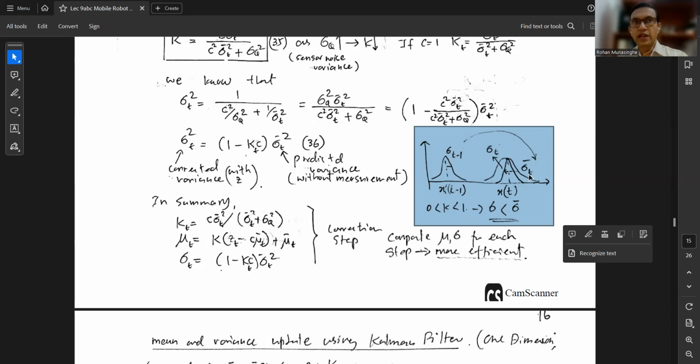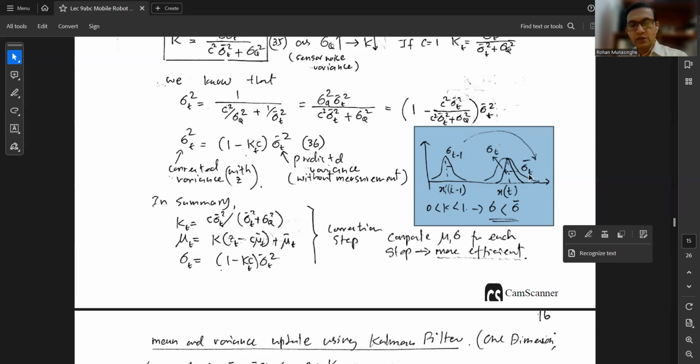And what you do after that is you use the measurement and correct the probability density function. So you make another distribution function where variance is narrower. That is sigma t there. Can you see that? So at the same point, you have two probability density functions, having two different means and two different variances.